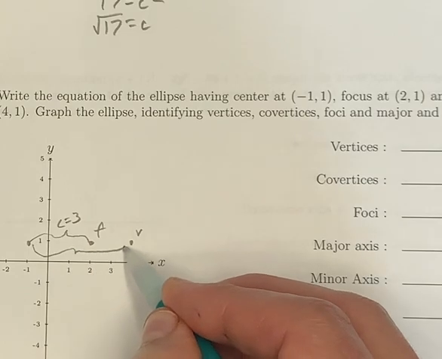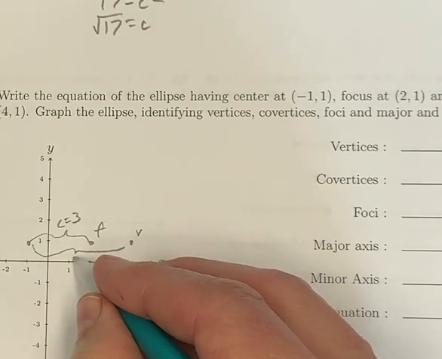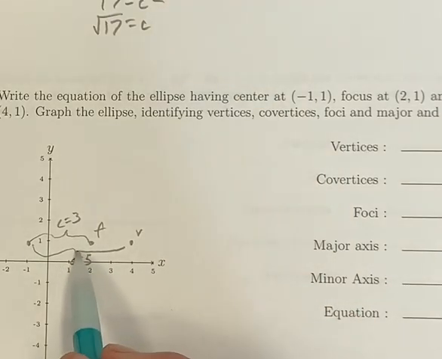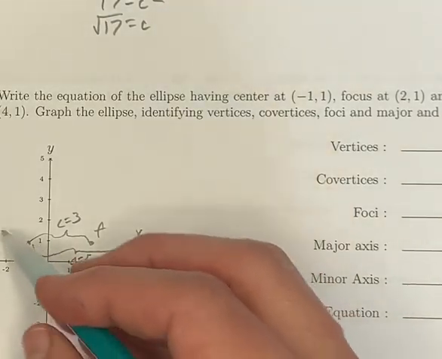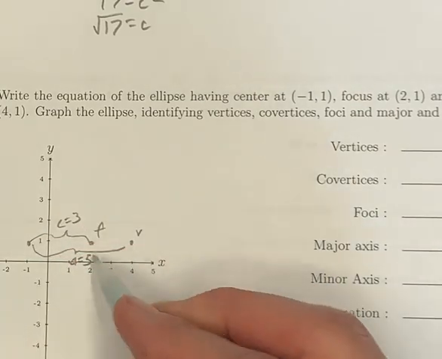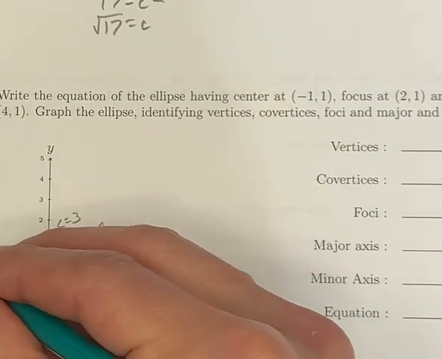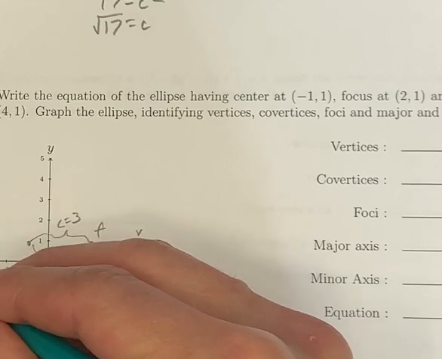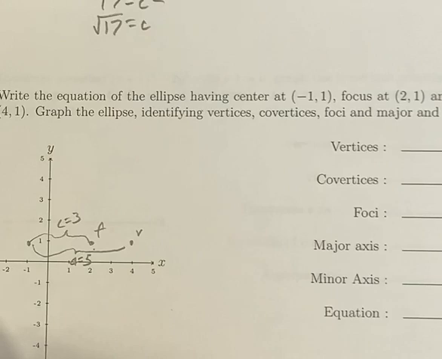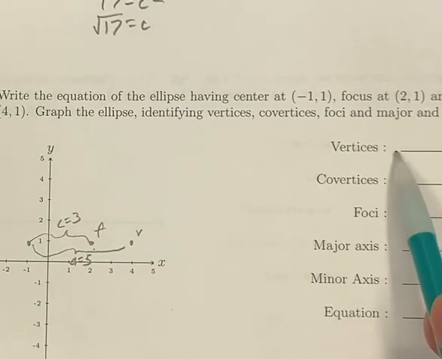If you have a vertex and the center, you already have A, right? So without really doing any more work, I could say, hey, the other focus is at negative 4, 1. The other vertex is at negative 6, 1, right? And so really you could sort of knock out vertices and foci just like that.